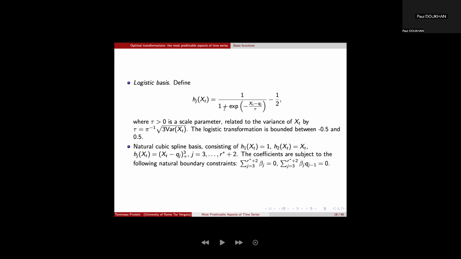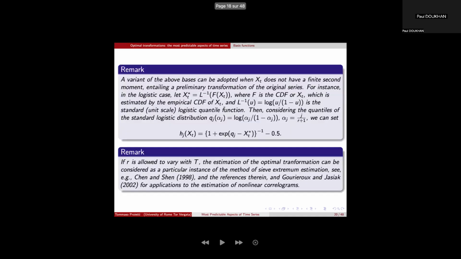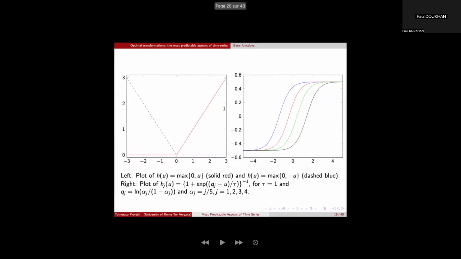So this is useful in all situations where you want to robustify your inference, because all the H's are bounded. That's why it's useful. The other function you could use is the maximum, this one, the so-called ReLU function, the hinge.